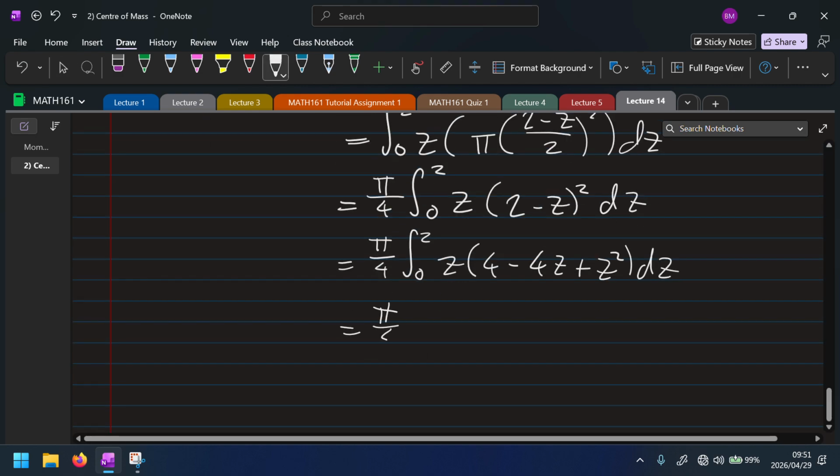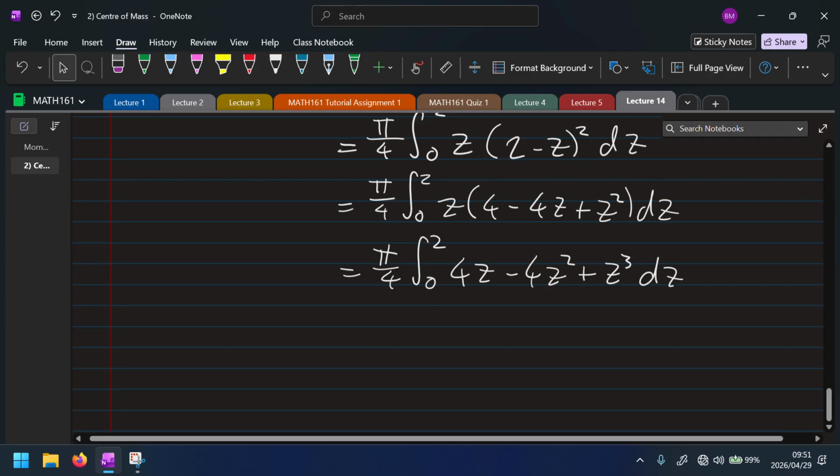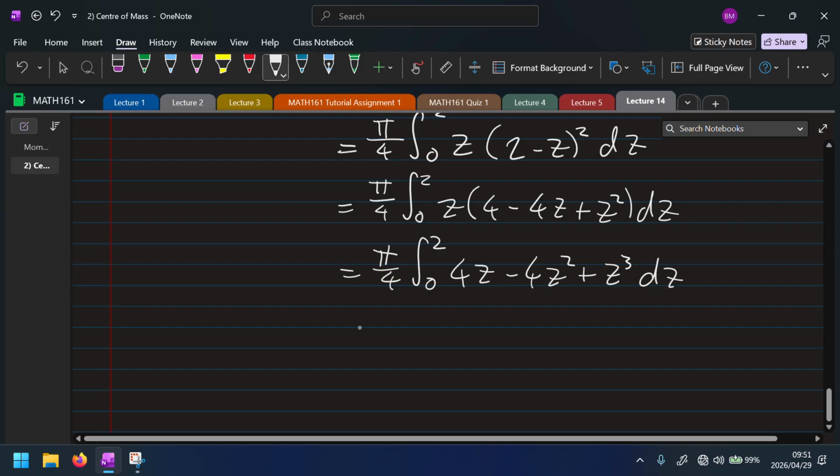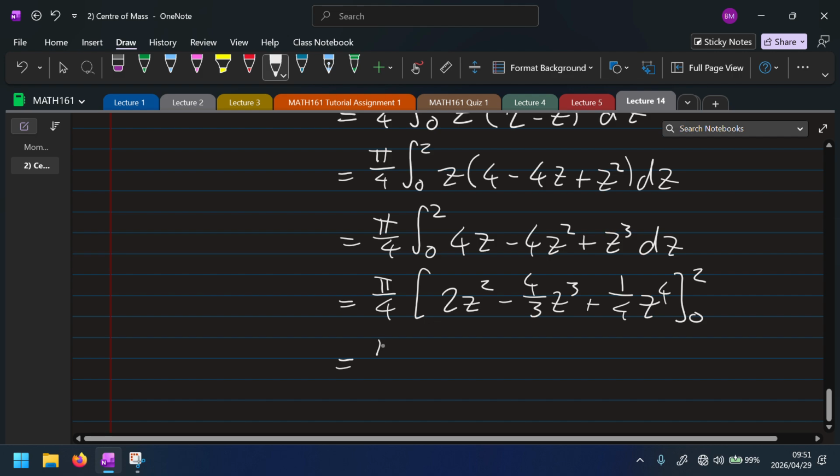So we get pi over 4 times (4z minus 4z squared plus z cubed). Okay, integrating, very easy. So there'll be 2z squared minus 4 over 3 z cubed plus 1 over 4 z to the 4. If we put in 0, we just get 0, so we can just put in 2 there. Pretty easy. What do we get for that?